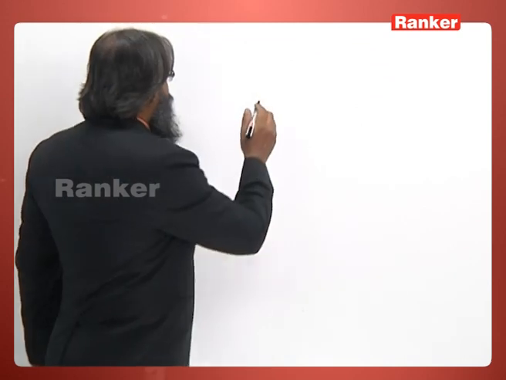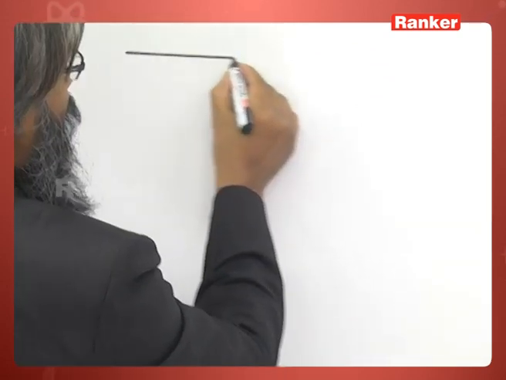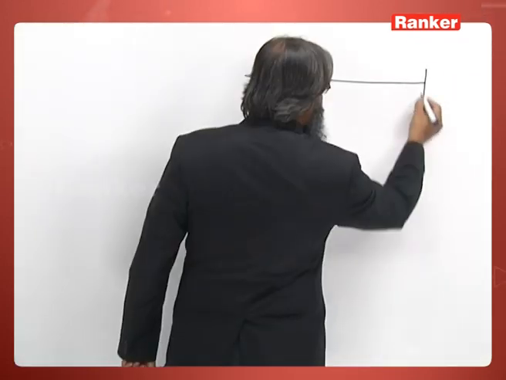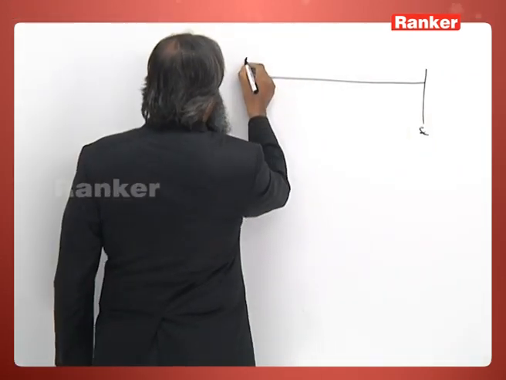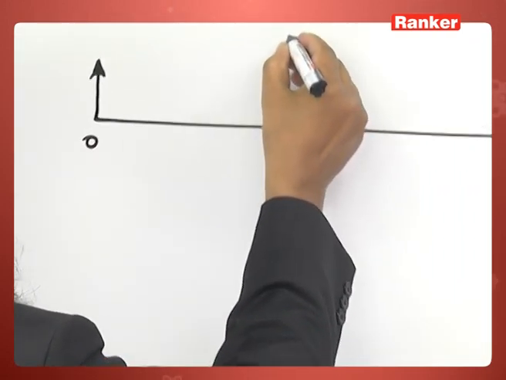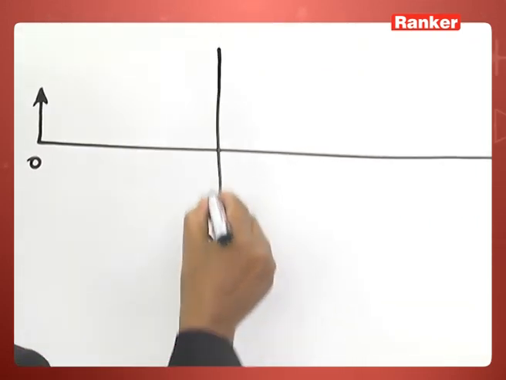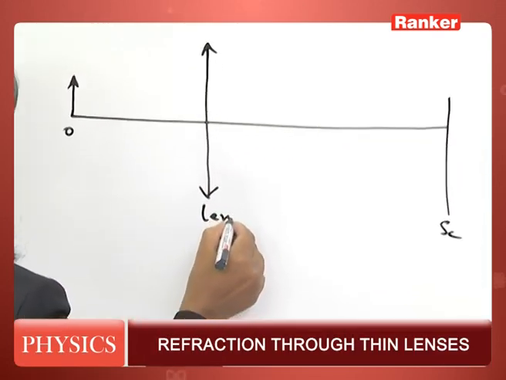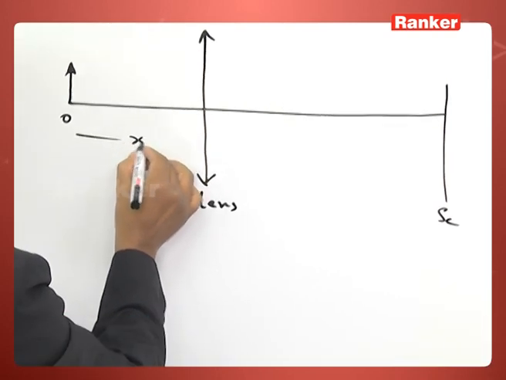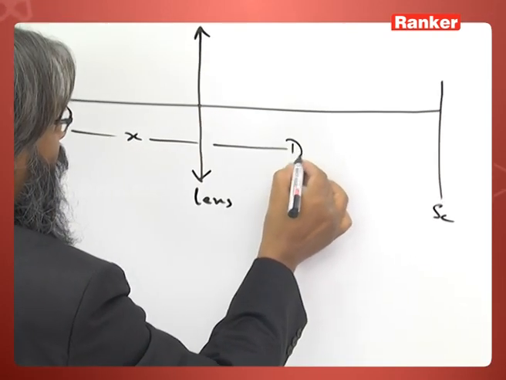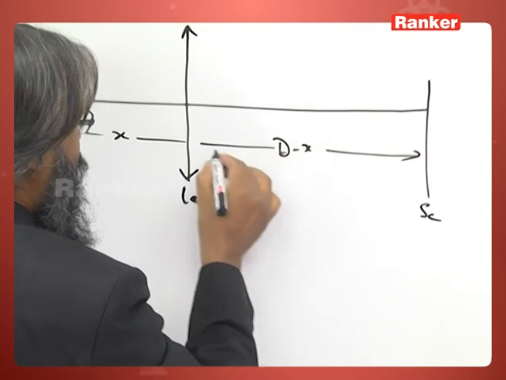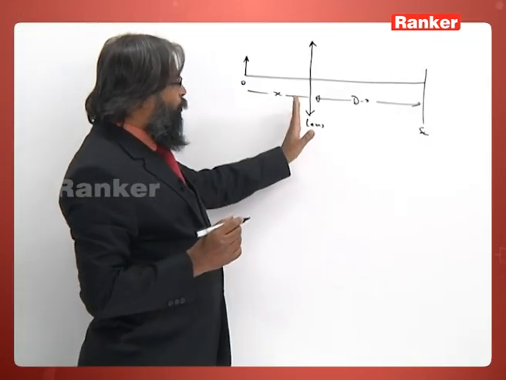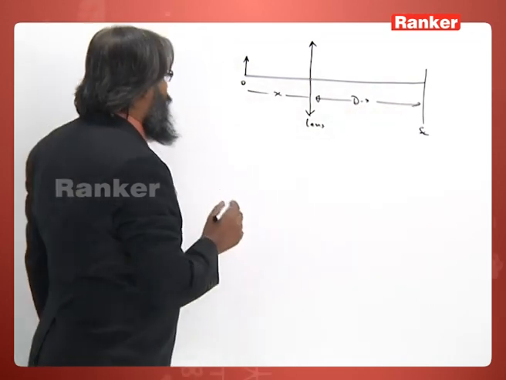So, now let us take this distance, the screen is fixed here and we had an object O here, and let us assume this to be the lens position L. Now, suppose this distance is assumed x, then the remaining distance becomes D minus x. So, let us see at this lens position an image is formed here.